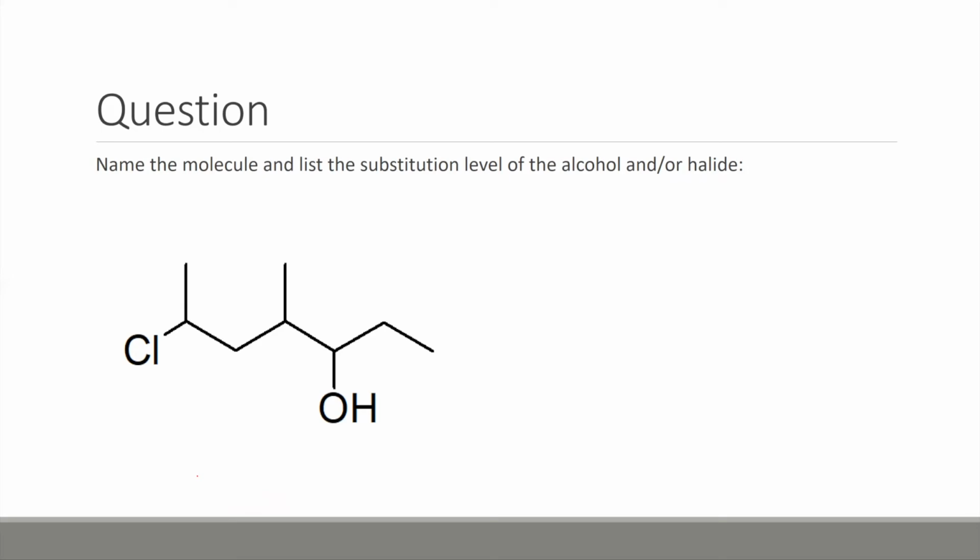Okay, so I can see if I go this way, this alcohol is directly attached, so I can continue going. Longest chain. This chlorine is directly attached, which means that I can go right here. This would be my longest chain I could draw where both the OH and the chlorine are directly attached.